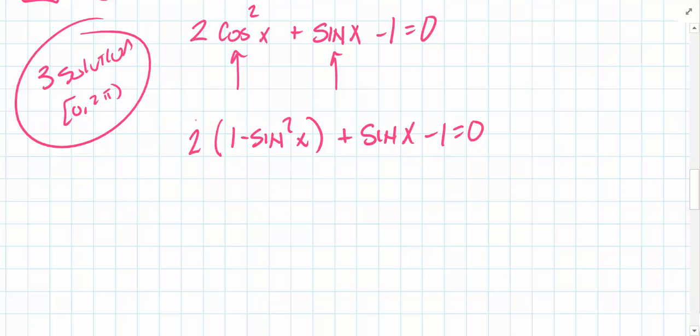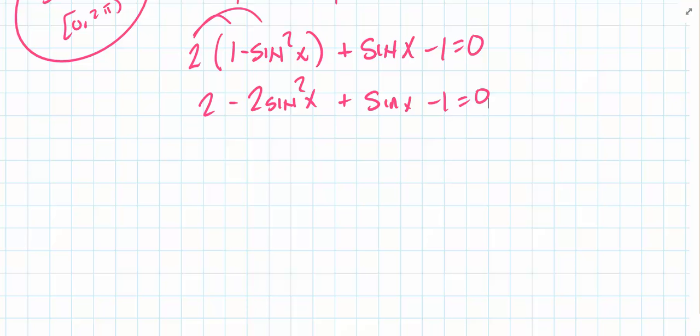All right, let's distribute our 2. I'm going to get 2 minus 2 sine squared x plus sine x minus 1 is 0. Life is good. Negative 2 sine squared x plus a sine x, 2 minus 1. Anybody out there? Very good.